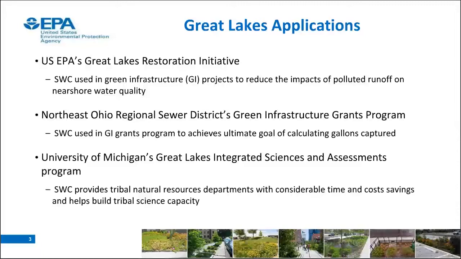Next, the Northeast Ohio Regional Sewer District's Green Infrastructure Grants Program is going to discuss how the tool is used for reviewing green infrastructure grant applications. And lastly, the University of Michigan's Great Lakes Integrated Sciences and Assessments Program is going to discuss how they've used the calculator for tribal capacity building, looking at how it can be used to manage runoff from extreme storm events.